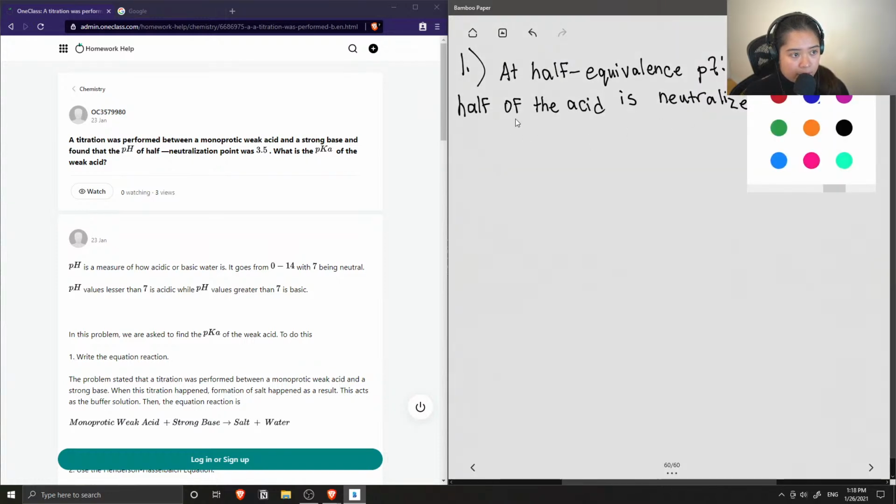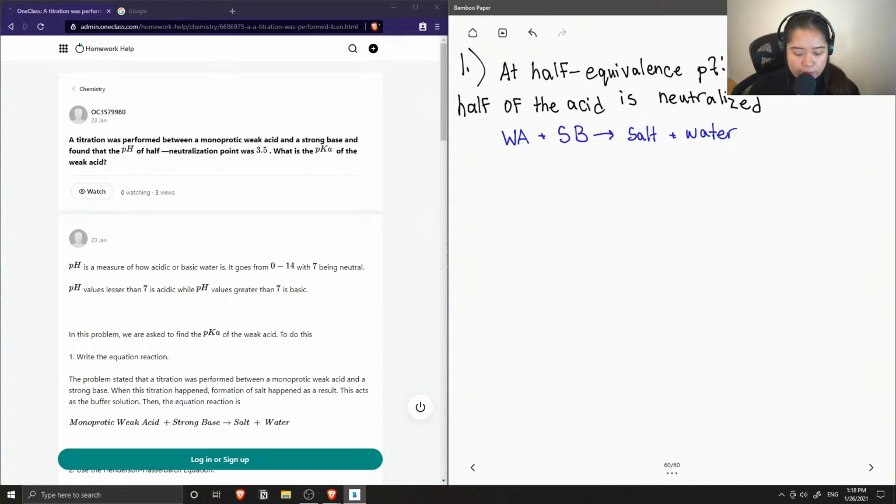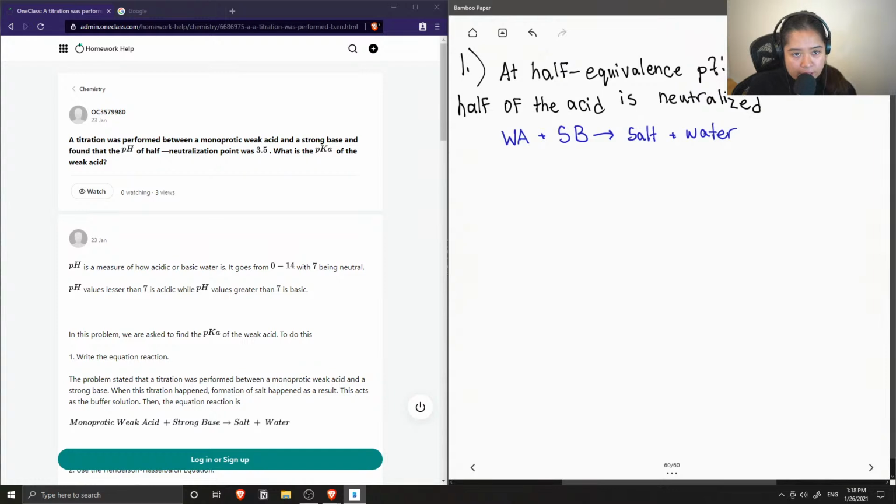Okay, so let's recall a neutralization reaction where we have a weak acid, and when it reacts with a strong base, this makes salt and water. We don't know what the weak acid is, so that's why I wrote out a general reaction.